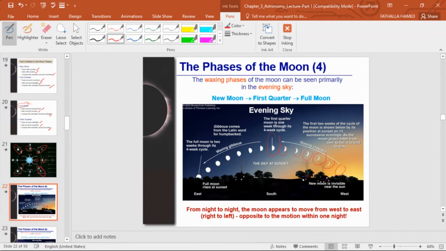After that, it will be going toward the east, and of course you will see the waxing gibbous. You will see 1, 2, 3, 4, 5, 6, and then you will see a full moon, and the full moon will be starting in the east, very low.